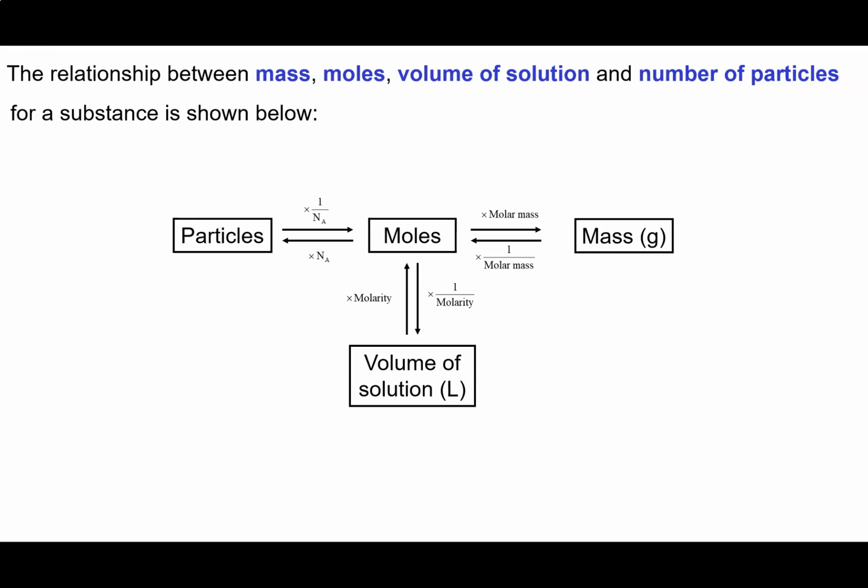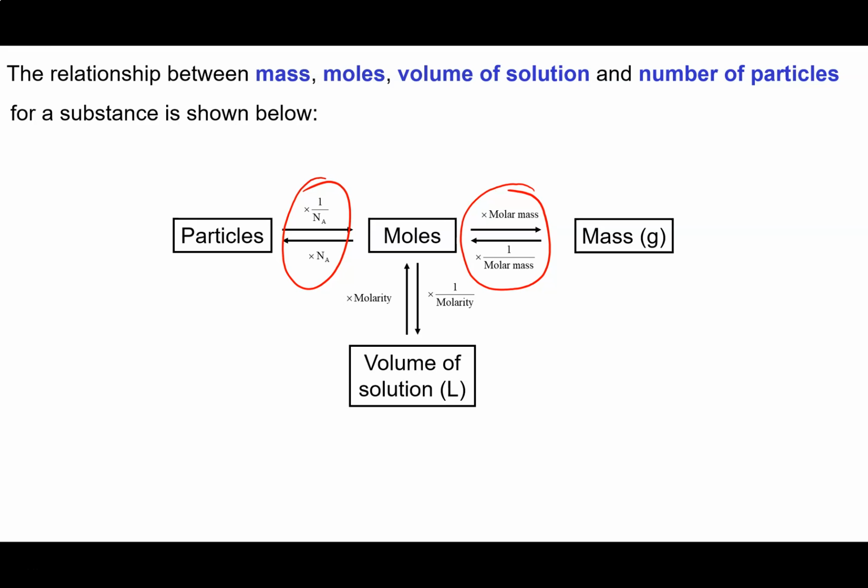For a given substance, we know that the relationship between the number of particles of that substance and the moles of that substance is Avogadro's number. That's the key thing that's going to help us convert between those two quantities. We also know that we can convert between the moles of a substance and its mass in grams using the molar mass.